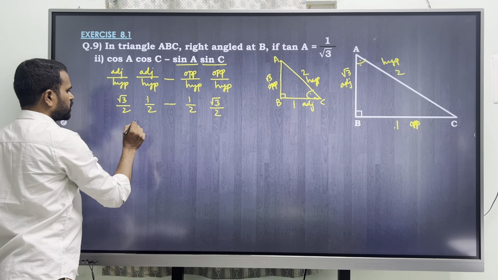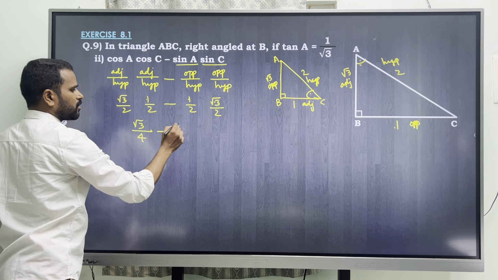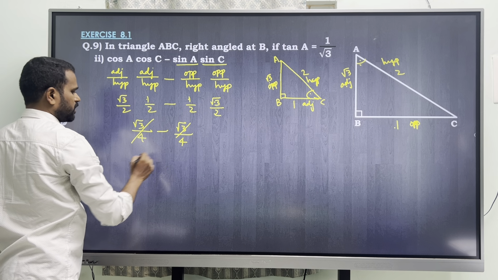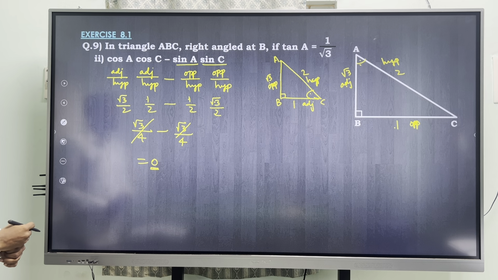Root 3 into 1 is root 3, 2 twos are 4, minus 1 into root 3 by 2 twos are 4. So they get cancelled, and the value becomes 0. Understand?